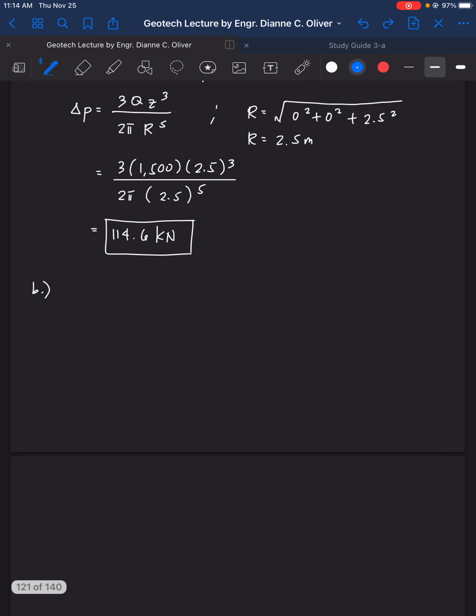If we draw, actually, if you notice, there's no need to draw, but if drawing is required, then at least you have an idea on how to draw it. So if this is our x and y axis on the ground surface, this is our x, this is our y, and then our depth is here, depth z.